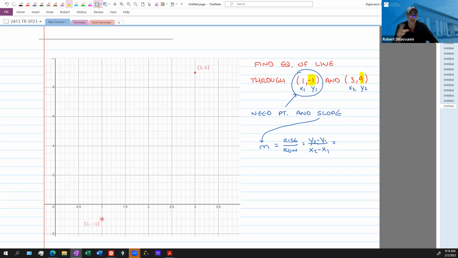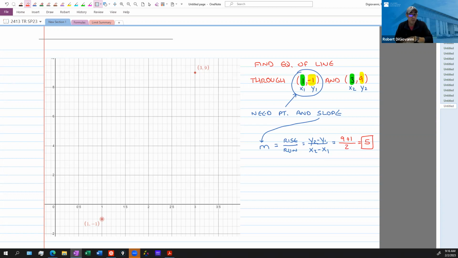You have to be careful there because you're subtracting a negative, so when you subtract that negative, it becomes a plus. Then you take the x2, 3, and subtract the 1, that gives me 2. And so you get 10 over 2, which is 5. So that's the slope of the line.